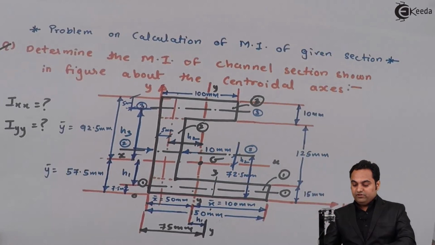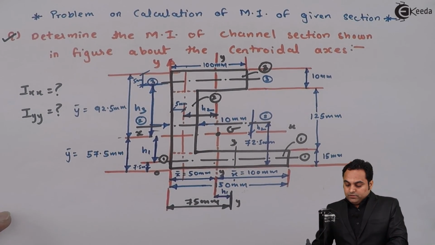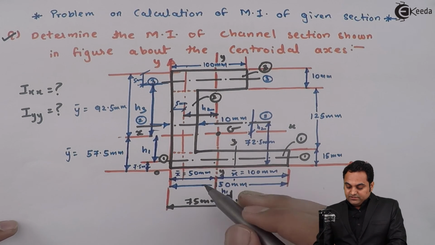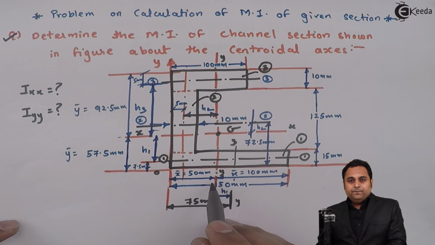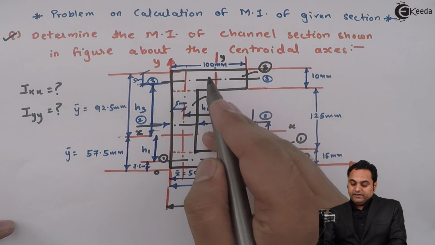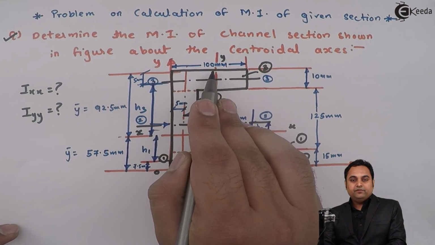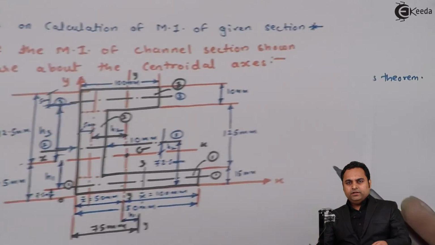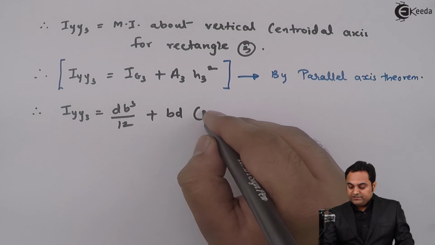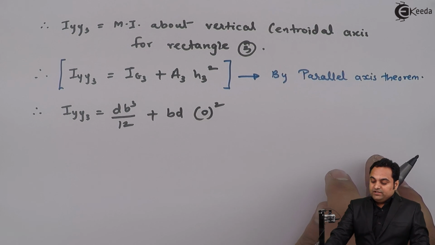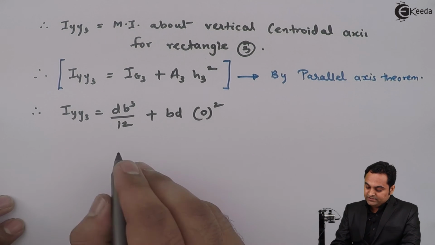Now if we look into this, the y-axis for the complete section is at 50 mm from the left hand side, and similarly the y-axis for rectangle number 3 will also be at half of 100, that is 50 mm. And since both the y-axis are passing through the same line, there is no distance, so h3 becomes 0. So once h3 is 0, then there is no need of parallel axis theorem.